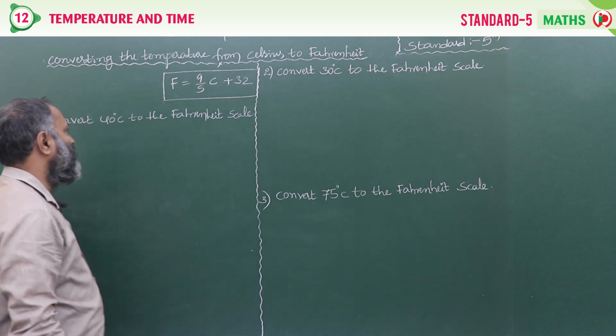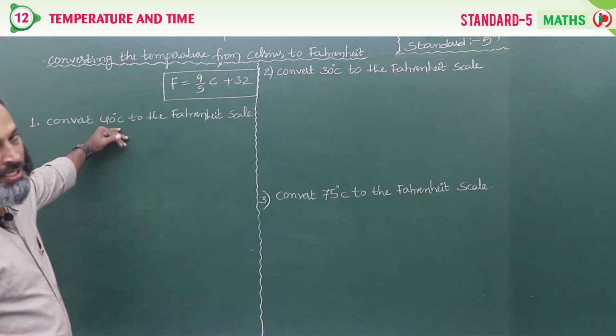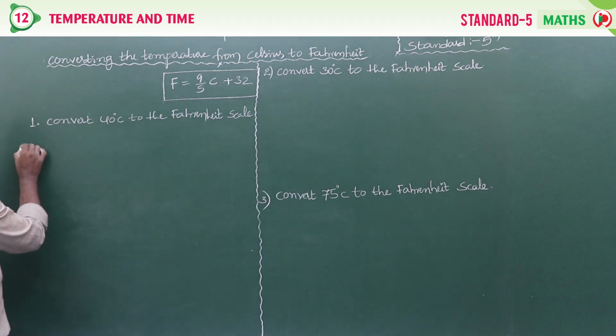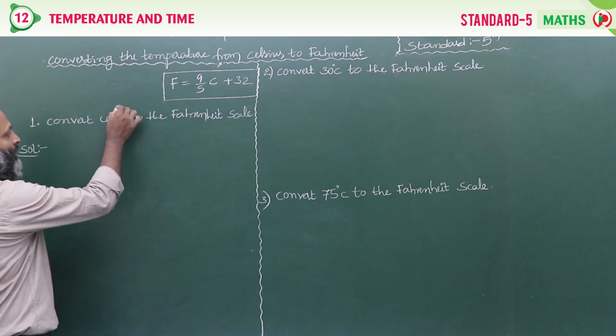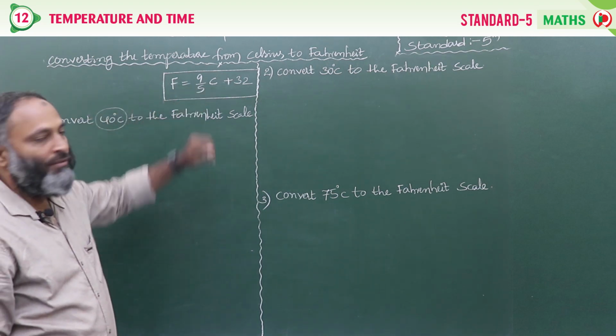Then here, how to convert 40 degrees Celsius? Celsius is given, then how to convert? Here 3 steps are there. In the 3 steps we should convert the degrees Celsius into Fahrenheit. First of all, whatever the degrees Celsius is given, we should multiply with 9 first.